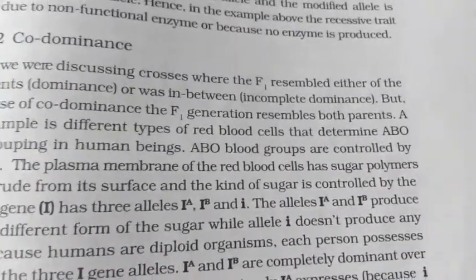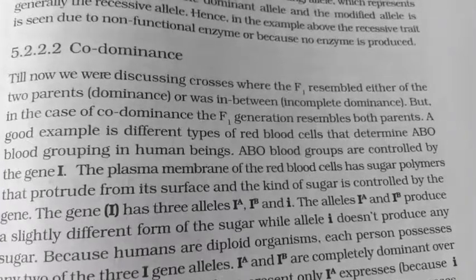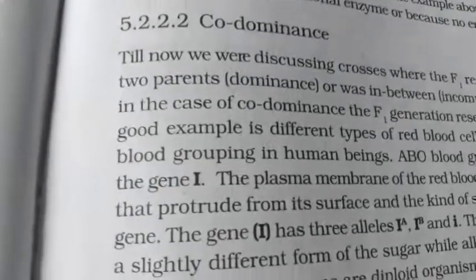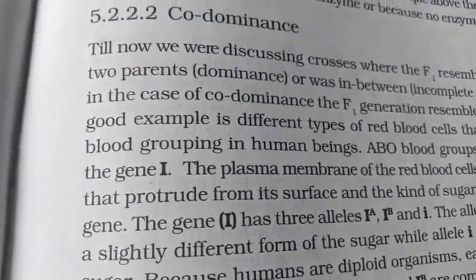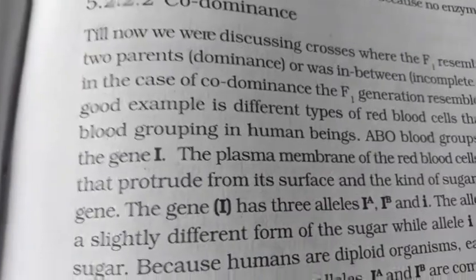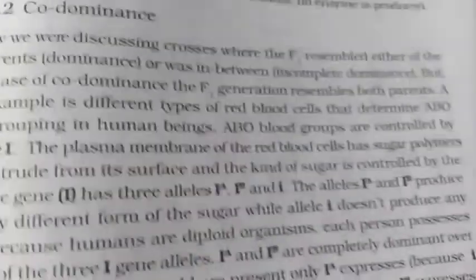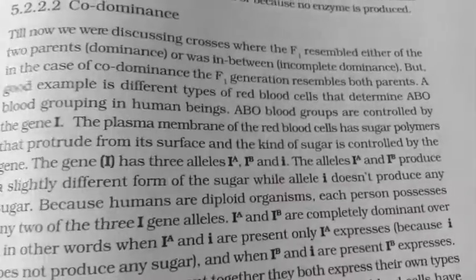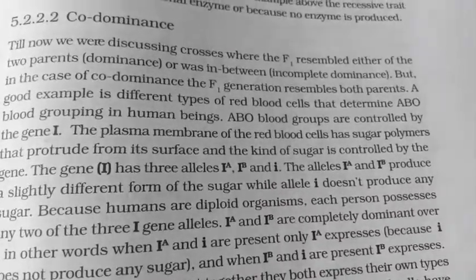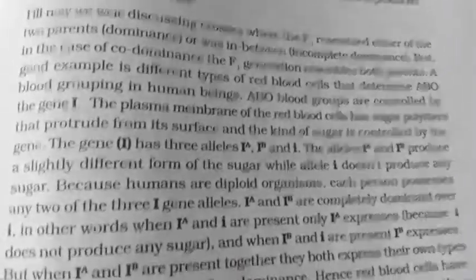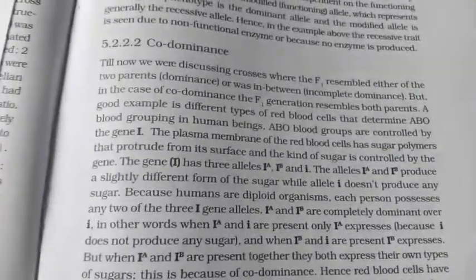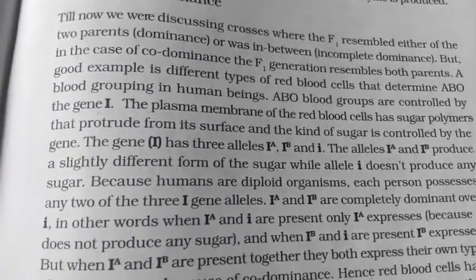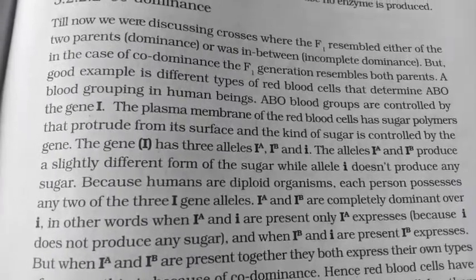ABO blood groups are controlled by gene I. This is how we represent the gene I. That is, the blood grouping in humans is controlled by the gene denoted by the capital I. The plasma membrane of the red blood cells has sugar polymers that protrude from its surface, and the kind of sugar found in the plasma membrane of the red blood cells is controlled by the gene.